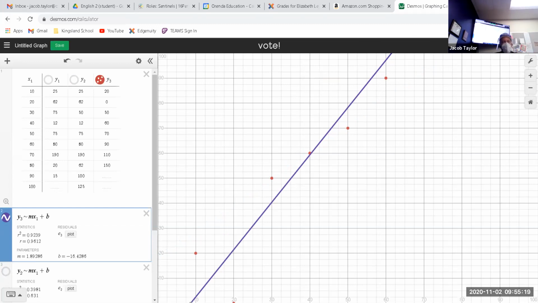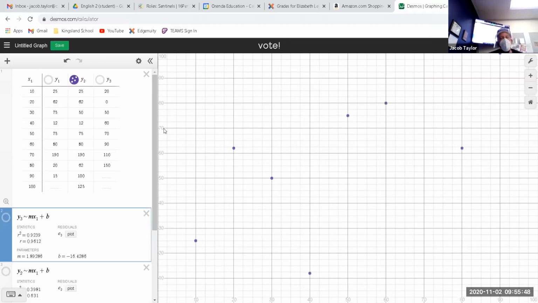So the first one, let me go back to it. Weak, moderate, strong. You can really see the difference between weak and strong. The strong ones look like they're almost in a perfectly straight line, right? With weak, you can barely even tell which direction they're going.